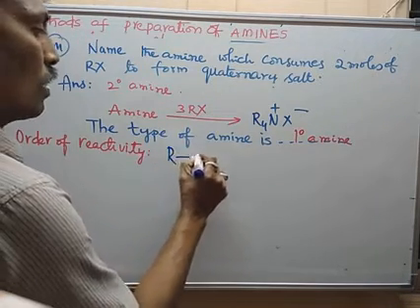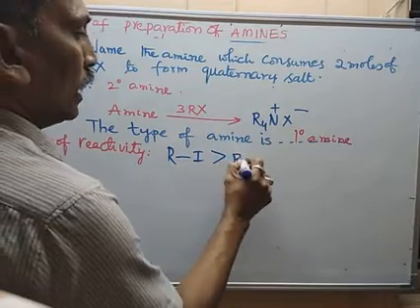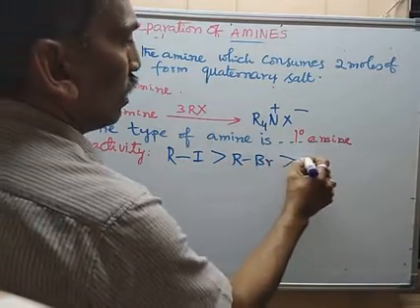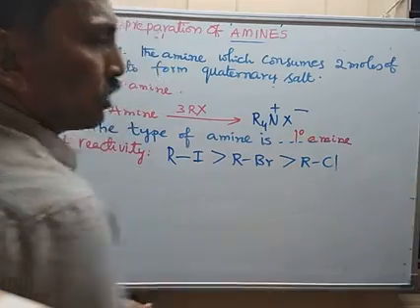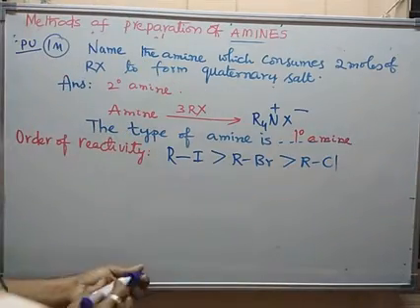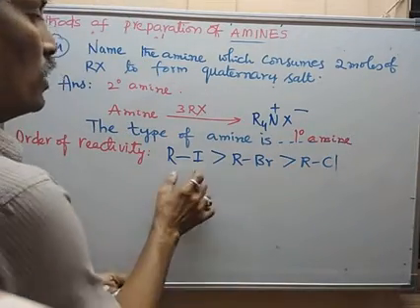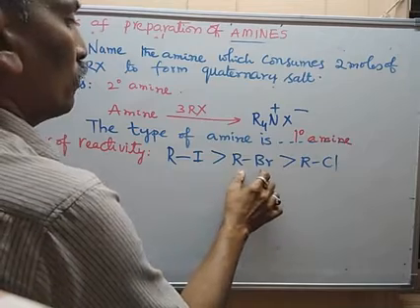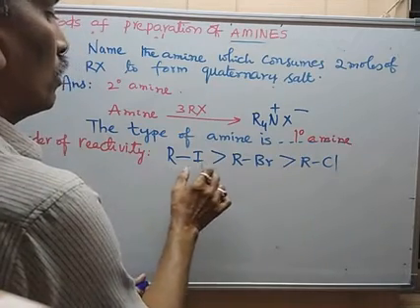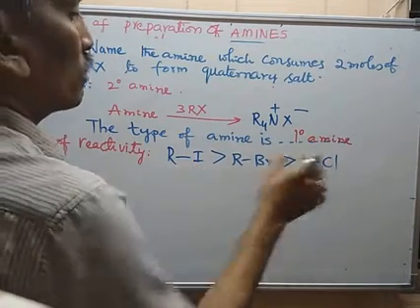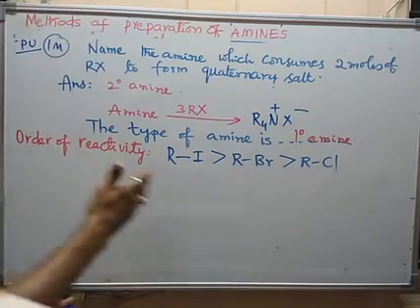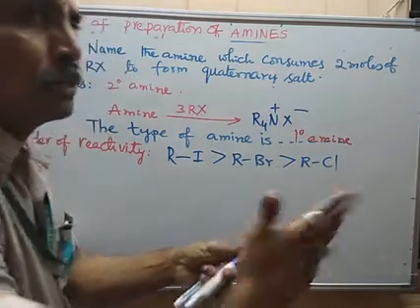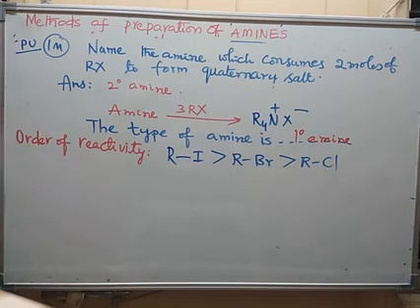That is RI more reactive than RBr than RCl. If you are interested, RF. RF is difficult to participate. Strong bond is there. Weaker bond, weakest bond. As bond length decreases, bond becomes strong. That is sufficient information towards the second one.